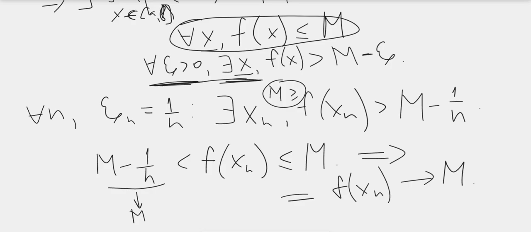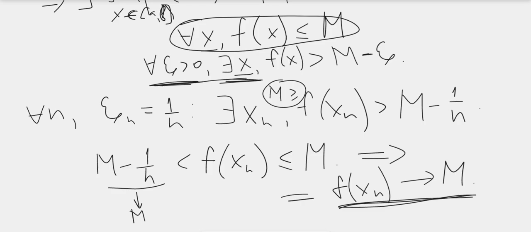There is a theorem that if a sequence is bounded from above and from below by two sequences that converge to the same limit, then this middle sequence also must converge to the same limit. So it converges to m.